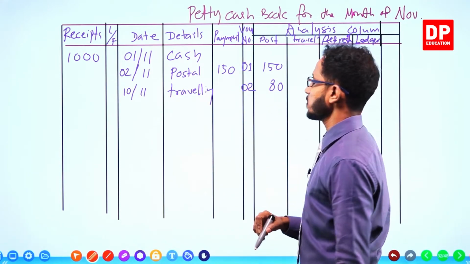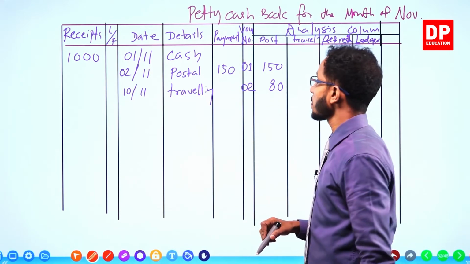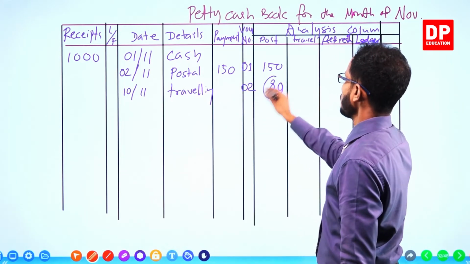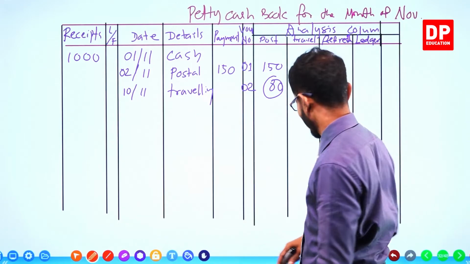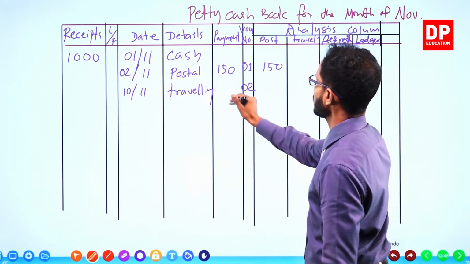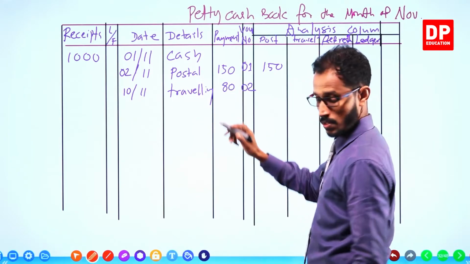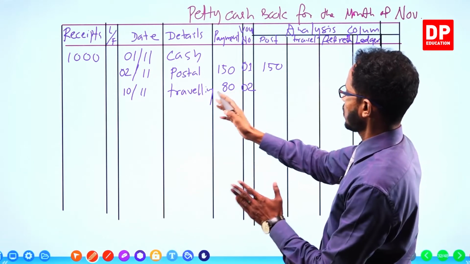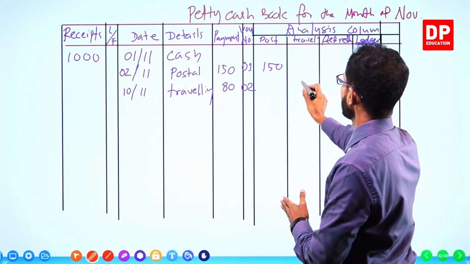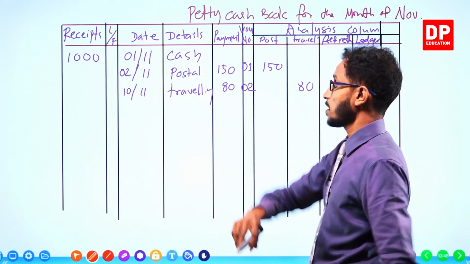Put the amount to the payments column. Why did you put it here? Not here. Put the amount to the payments column, then to the relevant analysis column.